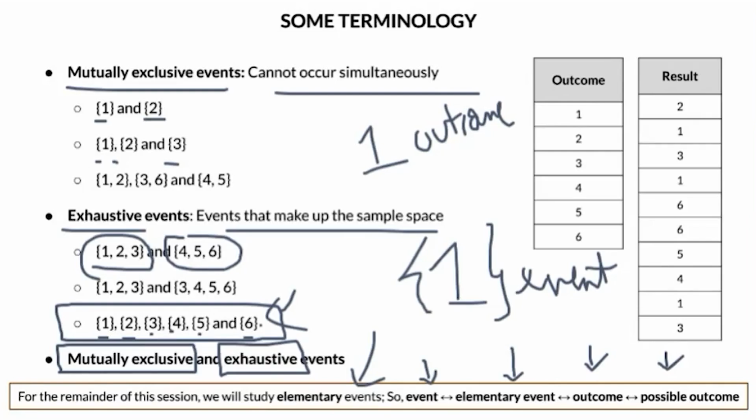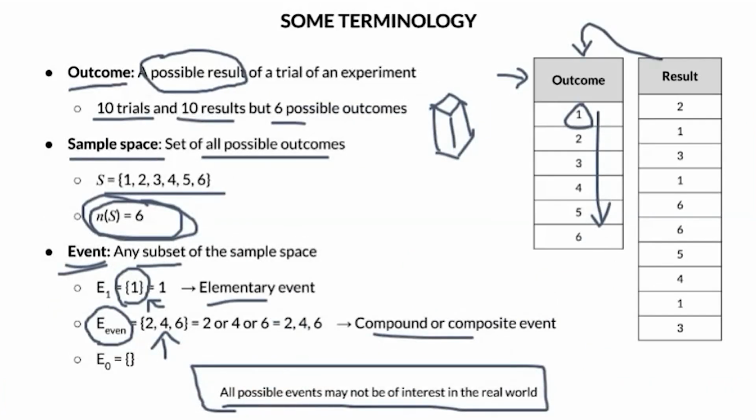But why is this distinction there? Because elementary events are not the only kind of events. In the die example, all the outcomes are mutually exclusive, right? But what happens if you define your event as even? I went to the previous slide, you can see here, it says even, right?